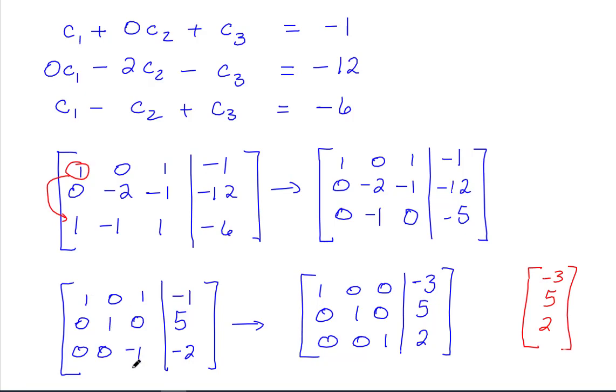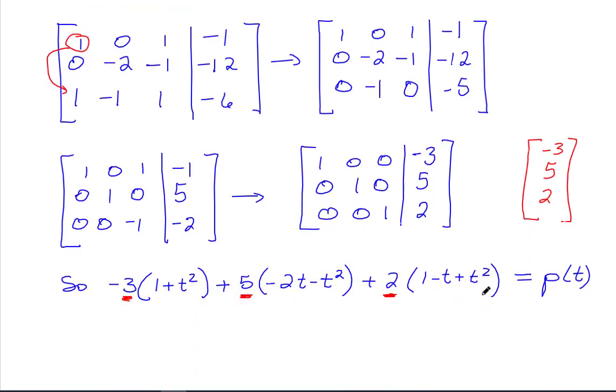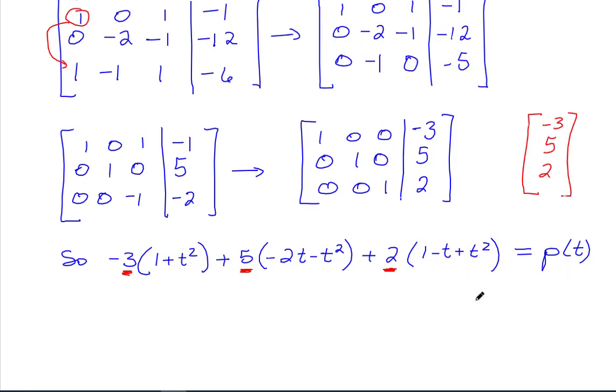In row 3, I'm dividing it by negative 1 and then using it to get rid of that 1. And so what we see is that if I take minus 3 times B1, 5 times B2, plus 2 times B3, it would give me my p of t.